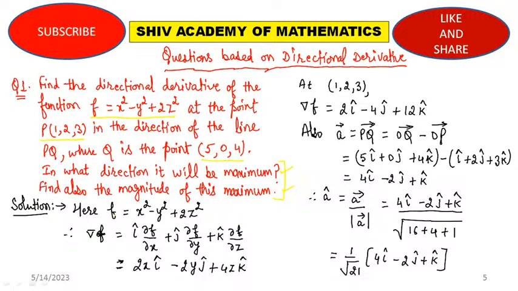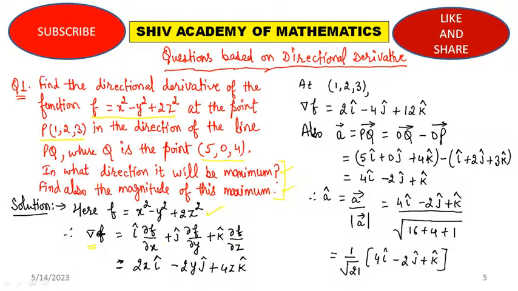In the solution, we start from f equal to x square minus y square plus 2z square. First of all, we find the gradient of f. Del f is i cap del f by del x plus j cap del f by del y plus k cap del f by del z.